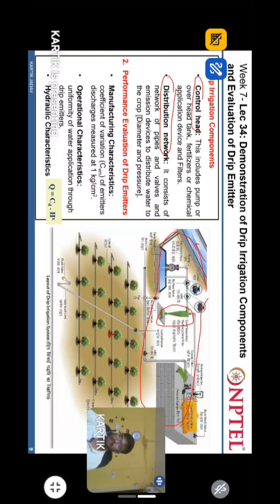Due to that, plants do not get the essential amount of water, and ultimately we end up losing our crop yield. For that, we have different kinds of filters we have already discussed in the last lecture: hydrocyclone filter, screen filter, and media filter, based on requirement.